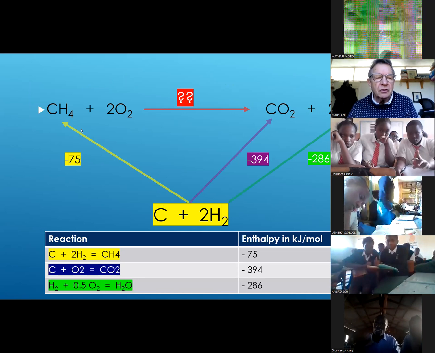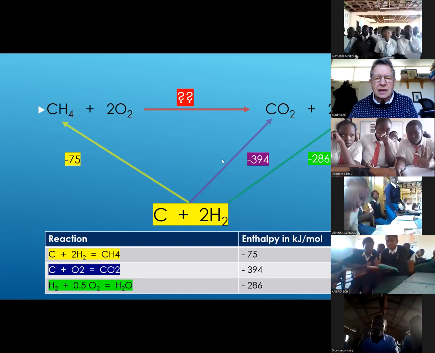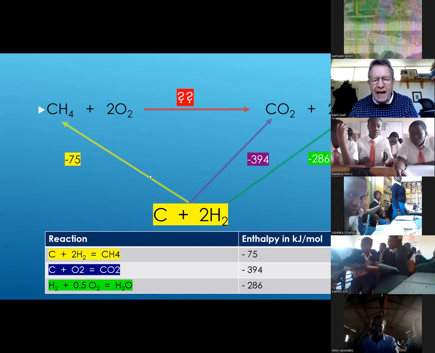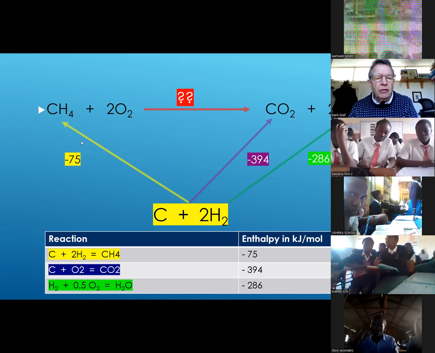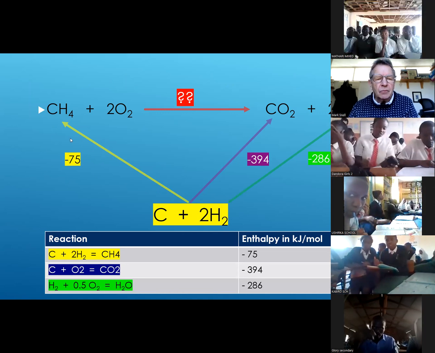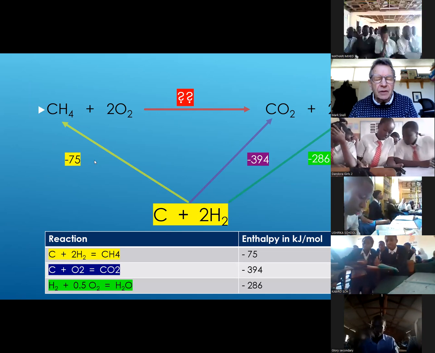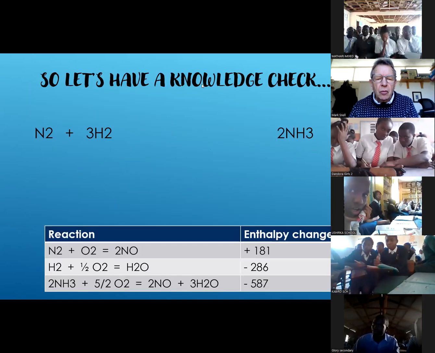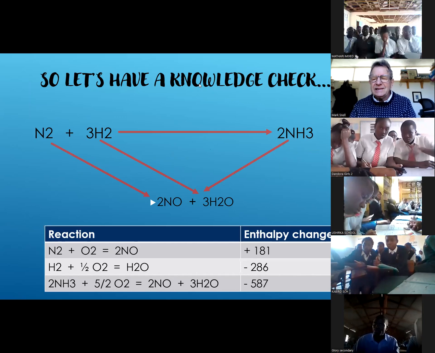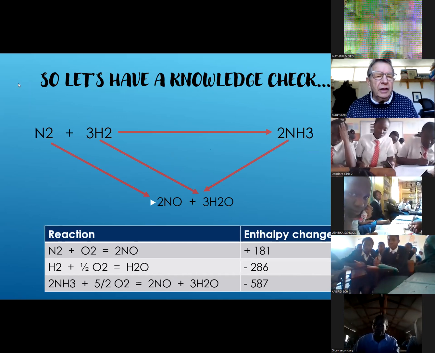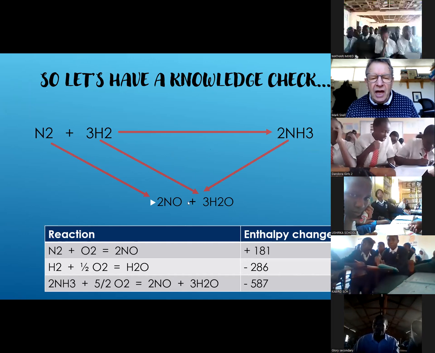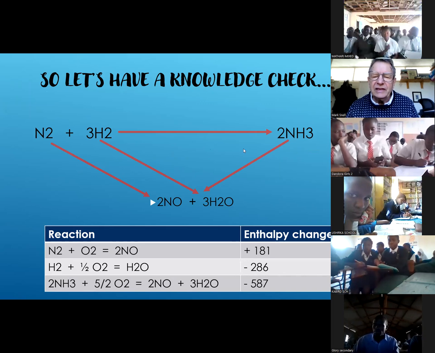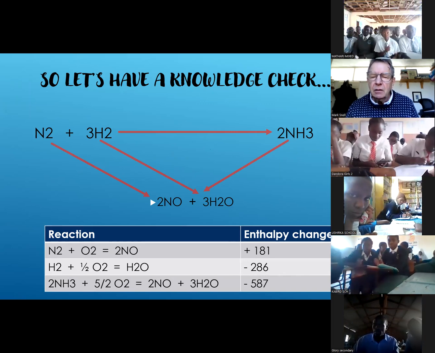So it was going up from the bottom to the left-hand side and to the right-hand side. What we were trying to get was the question mark, and that is the same as going from the left-hand side down to the bottom and up again, which would mean reversing this one here. Now, in our example that we're doing now, it's slightly different because we've got it going from the left-hand side down and the right-hand side going down. It's not these arrows that need to reverse, but this one.